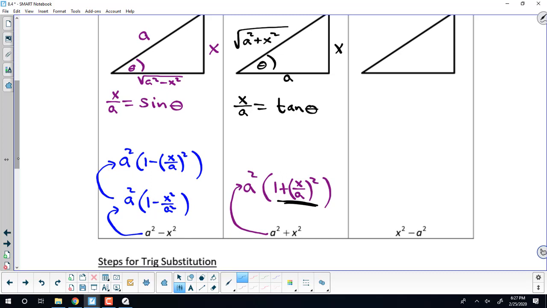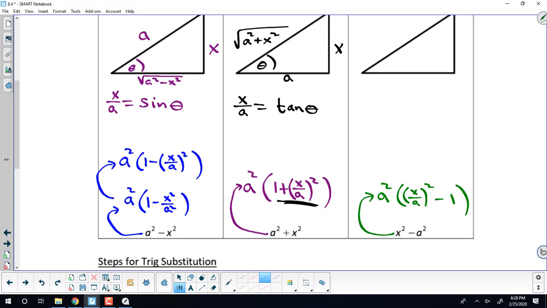And then finally here for x squared minus a squared, we're still factoring out the constant. We're factoring out a squared. And then we'll have this time x over a quantity squared minus 1. So what Pythagorean identity is something squared minus 1 equaling another square?